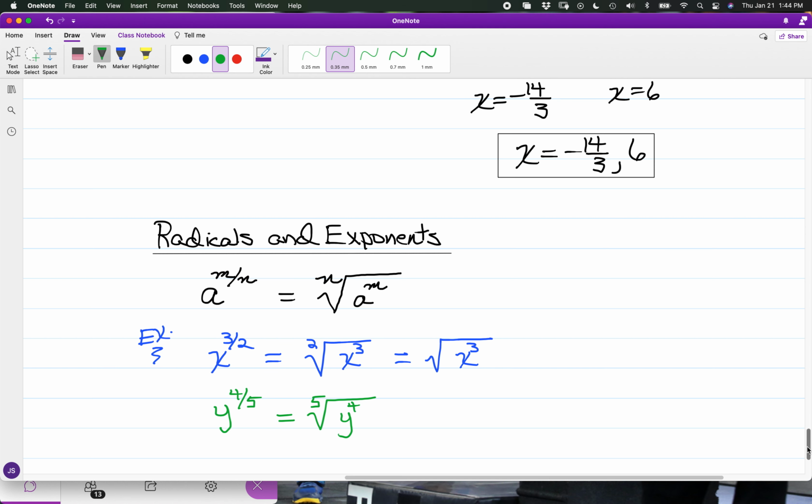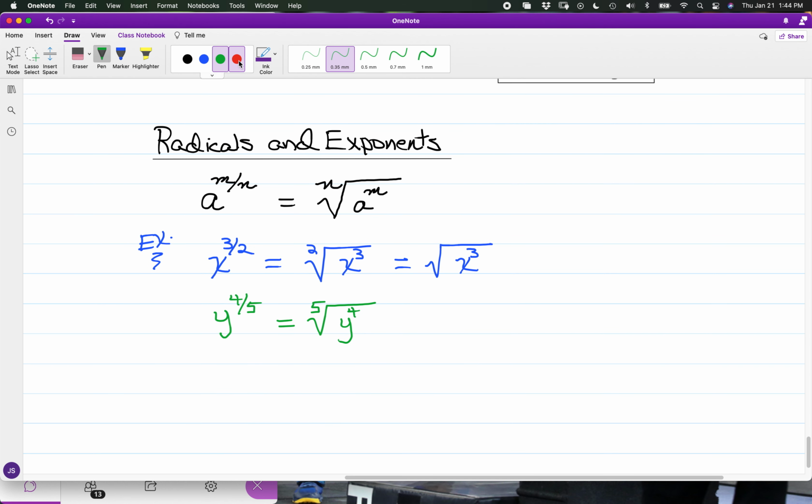I'll take just one more case here. Let's say we have z to the 7/3. Here the denominator indicates a cubic root, and a to the m is represented by z to the 7th.